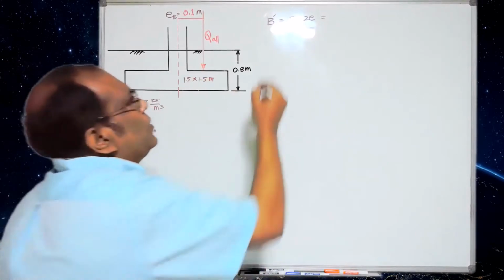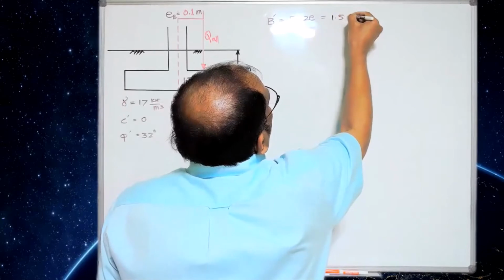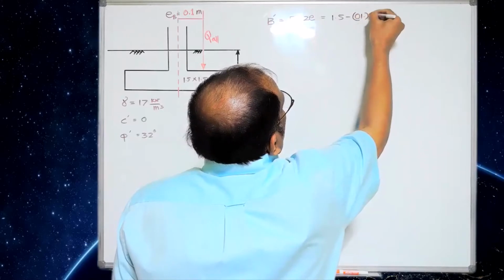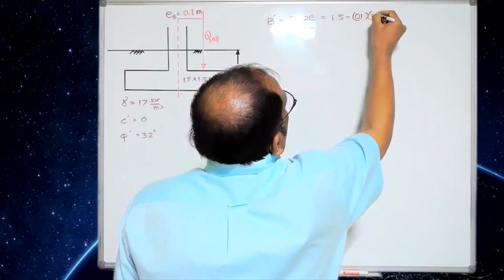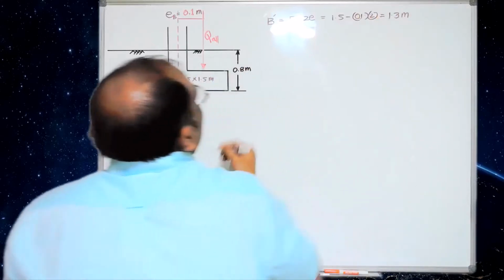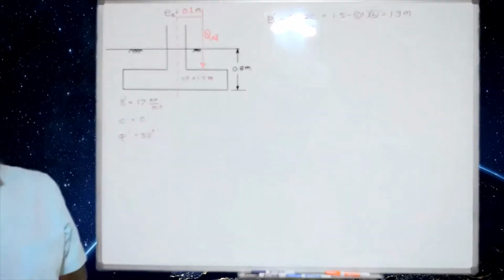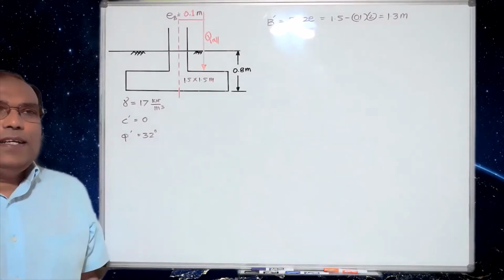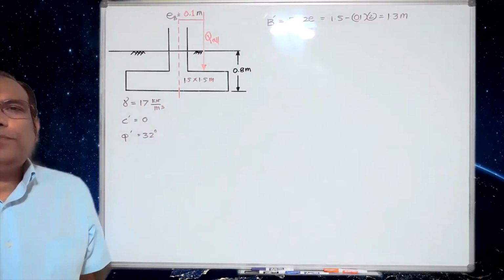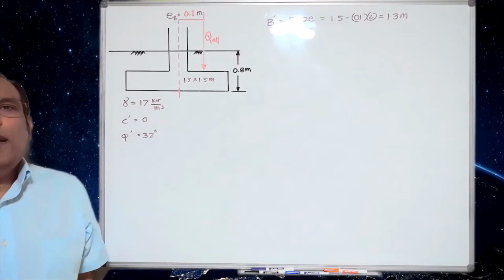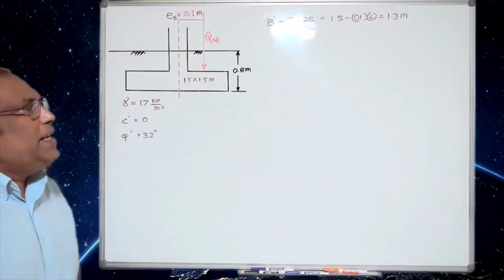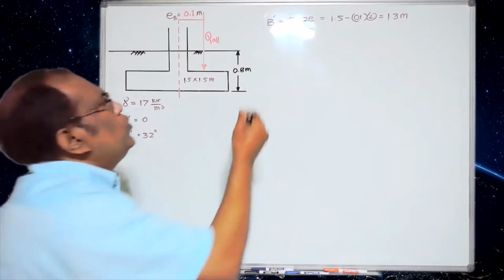So B is 1.5 minus 0.1 into 2, that's basically 1.3 meter. Now this is a one-way eccentric, so we are going to use Meyerhof's effective area method.